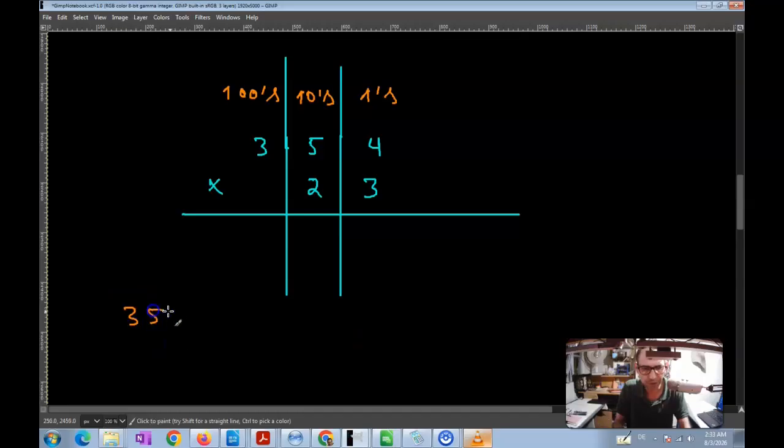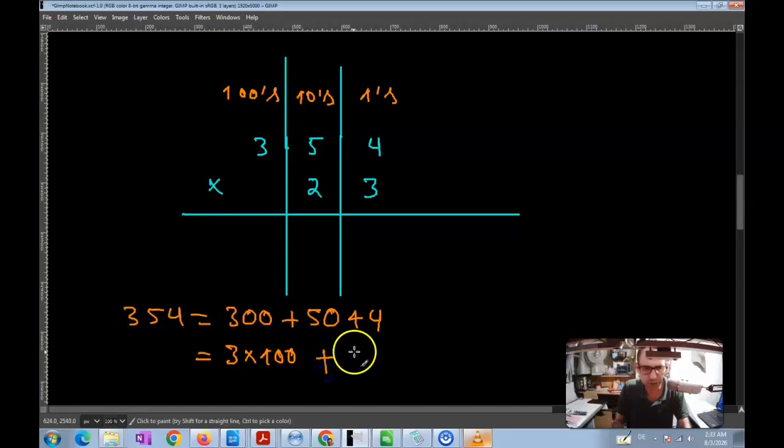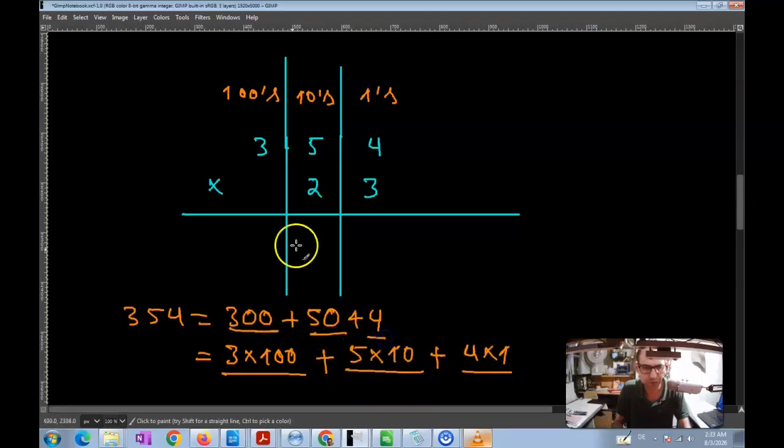A 354 is nothing but a 300 plus a 50 plus a 4, which is 3 times 100, that's the hundreds place value, plus 5 times a 10, which is the tens place value, plus 4 times a 1, which is the ones place value. So 3 times 100 is 300, 5 times a 10 is 50, 4 times 1 is 4.